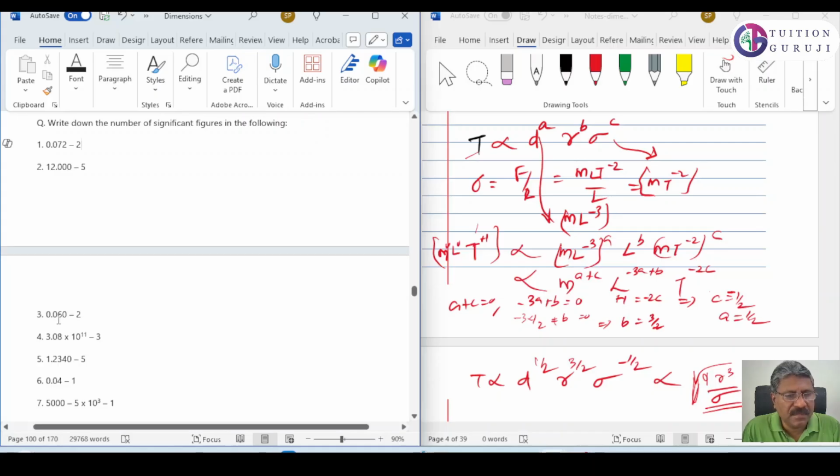But after the non-zero digit, the zeros coming are significant, because that's 60. So number of significant digits is 2.